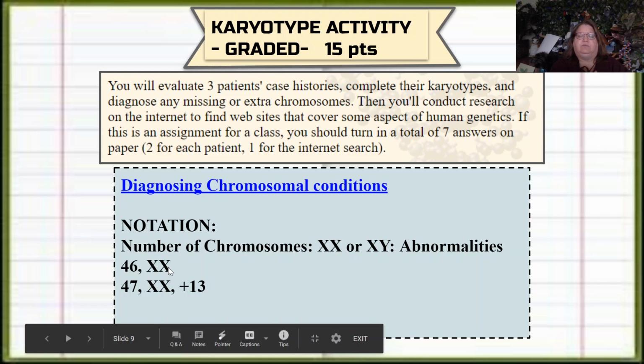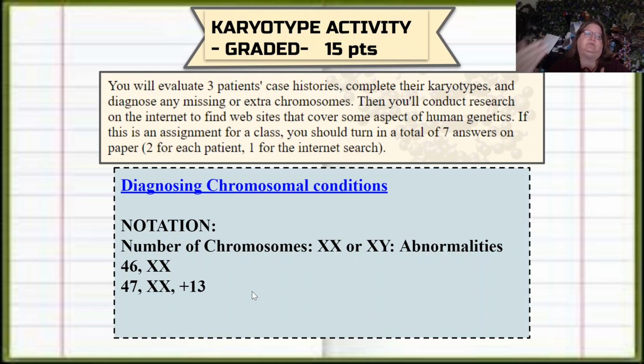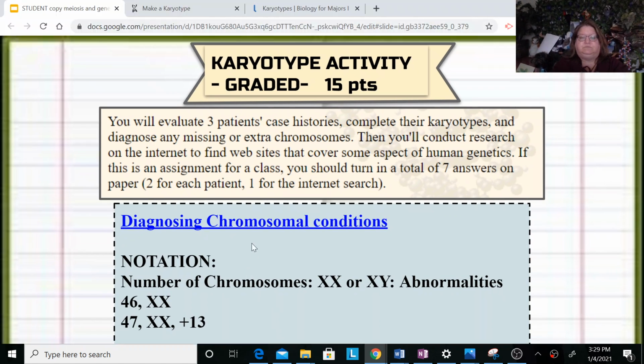That's how I would write my karyotype. For somebody who is trisomy 13, you would write 47 because they've got an extra chromosome, XX if they're a girl, or XY if they're a boy, and then you would write plus 13 because they've got an extra 13. Now, how do you know? Well, that's what you're going to find out.